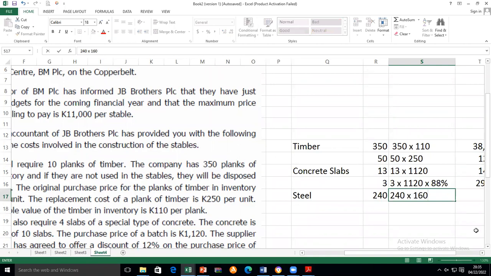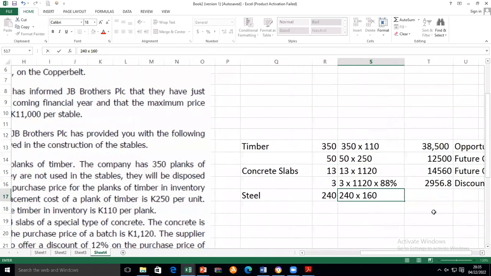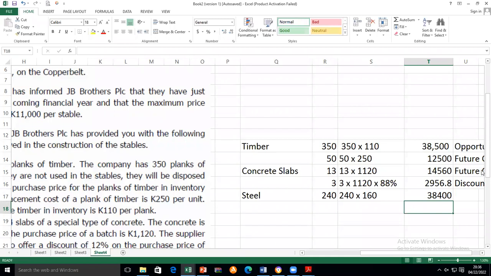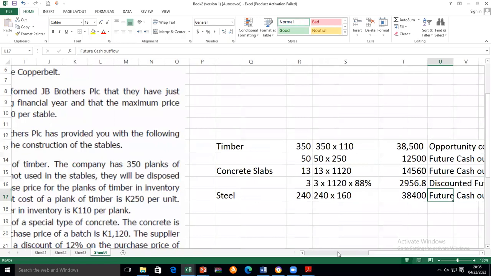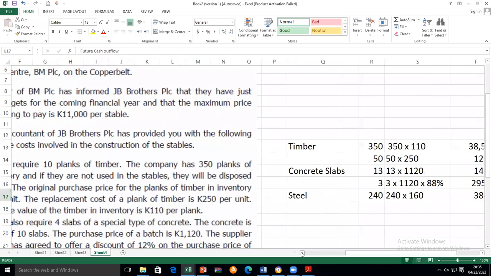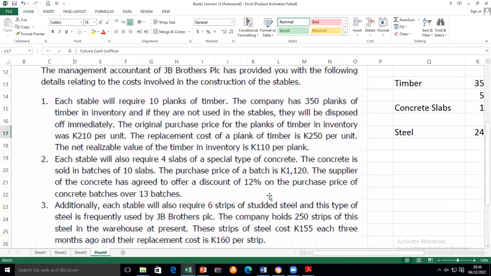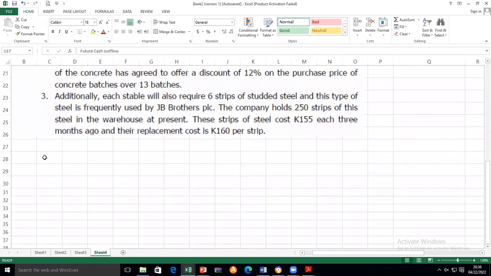Is that okay with everybody? Yes. This is the amount of money we're going to spend. So again, the answer is still the same: future cash flow. There we are. We are moving very well. Almost done already.